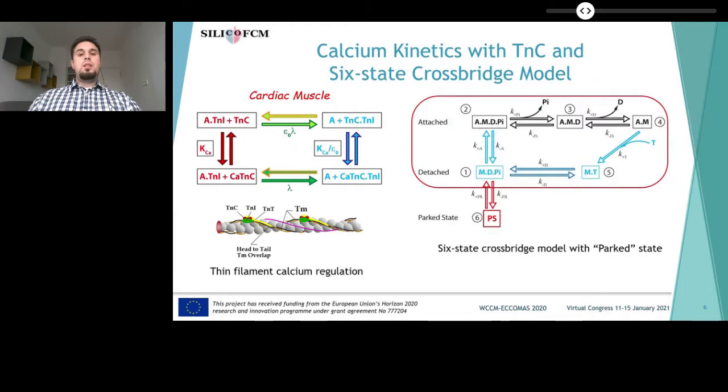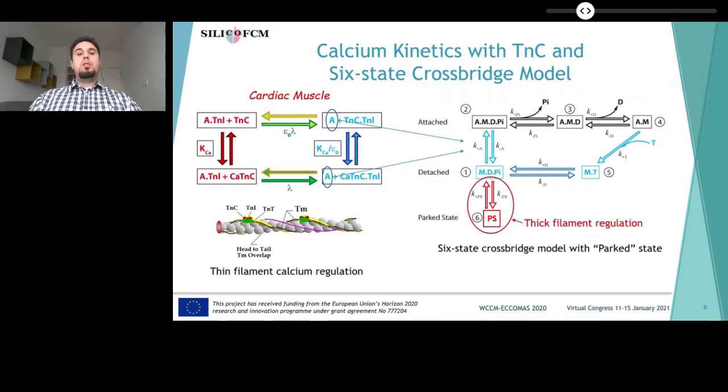Actomyosin cross-bridge cycle used in Musico simulation is an updated minimal 5-state cycle shown in red square with 3 attached and 2 detached states, where the attachment rate of myosin heads to actin sites is regulated with calcium as shown with arrows. In addition, we included a 6th state called park state, in which the two myosin heads self-associate and pack down onto the thick filament.